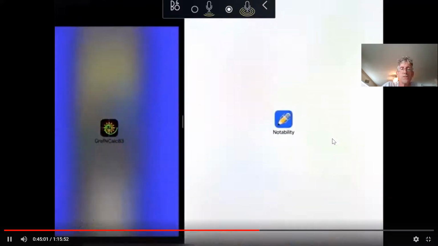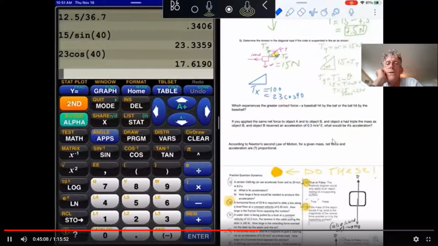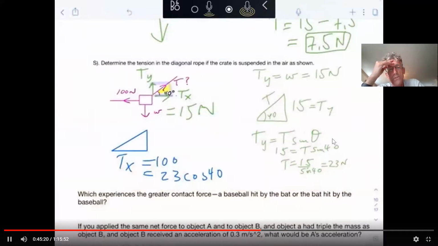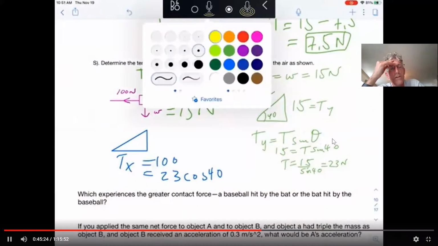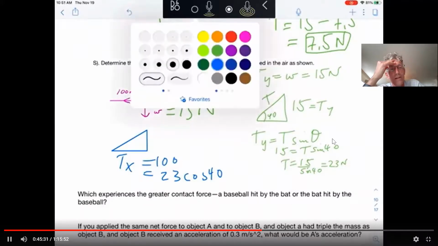I'm just showing you that these don't equal because I made a mistake with the 100 there. I just did 23 times cosine of 40, and it shows you that sure isn't 100, it's 17.61. So what I have to do is change that up there, erase the 100 newtons. That shouldn't have been there, I just guessed at that.